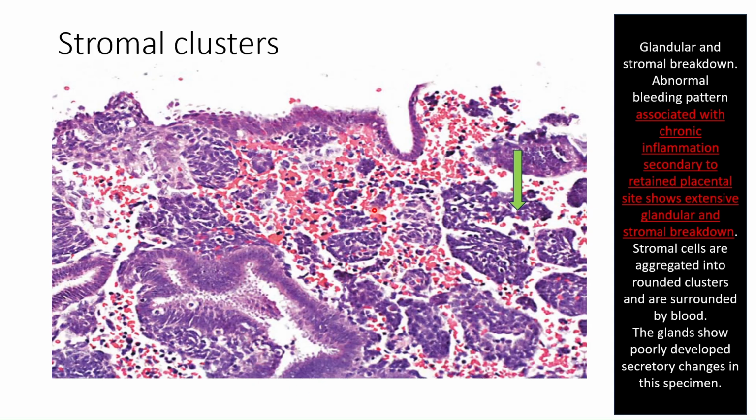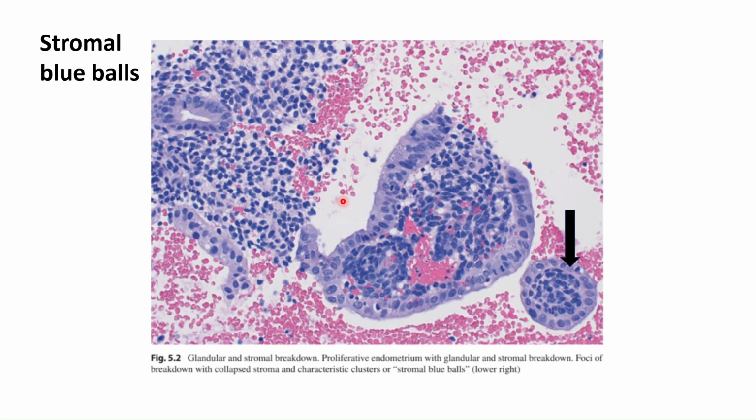Some glands are broken and stroma is also broken. So, this is the section showing glandular and stromal breakdown. And this is the abnormal bleeding pattern associated with chronic inflammation. And this is caused by a retained placental site. So here we can see stromal blue ball formation.